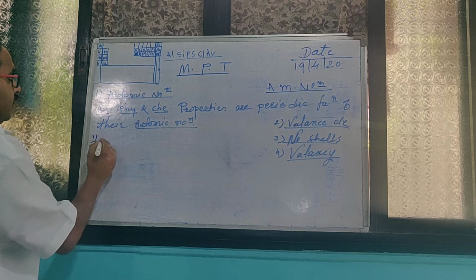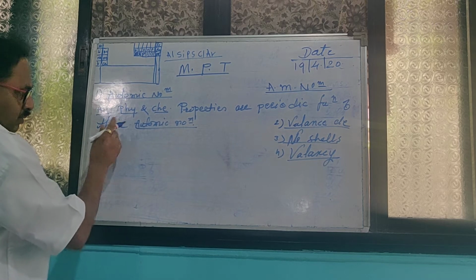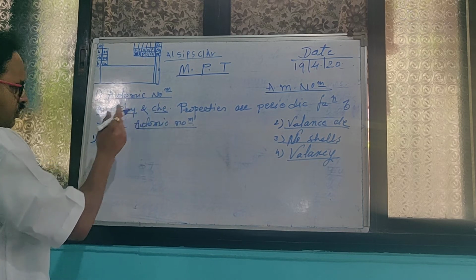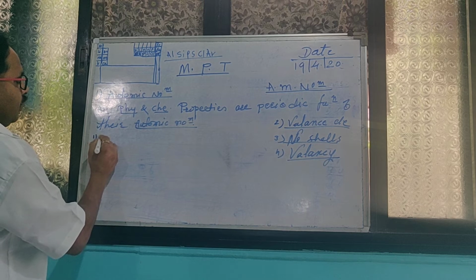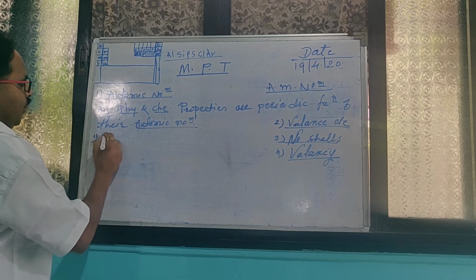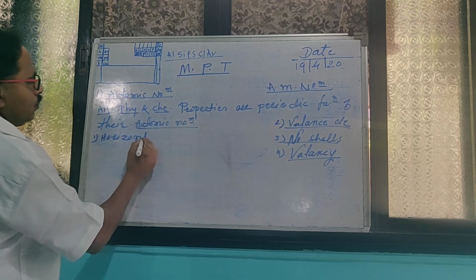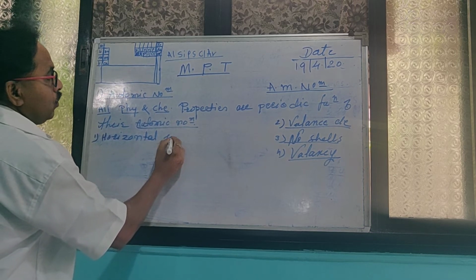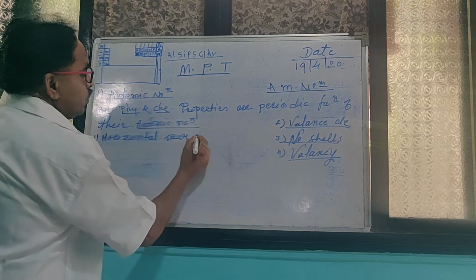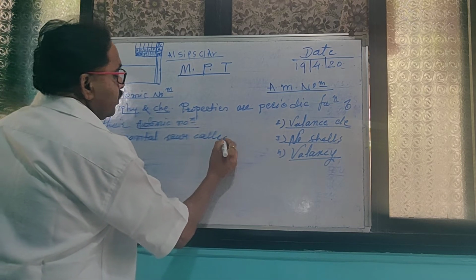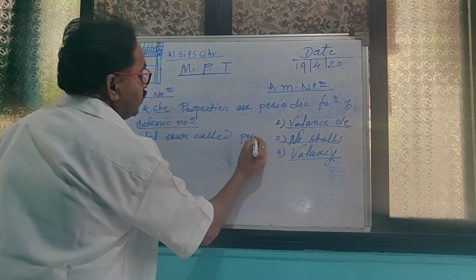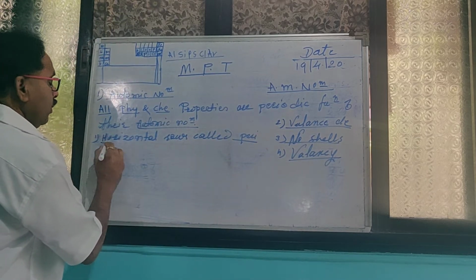That means horizontal rows are called periods.